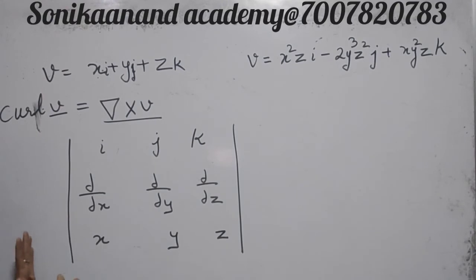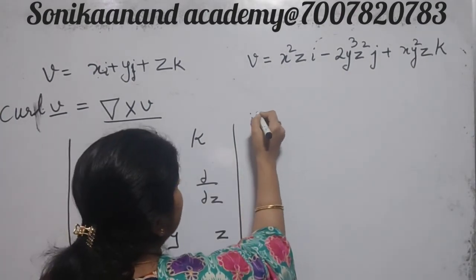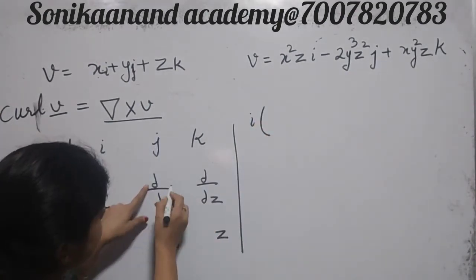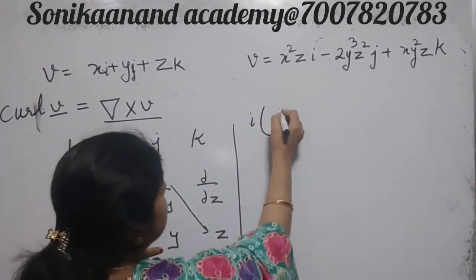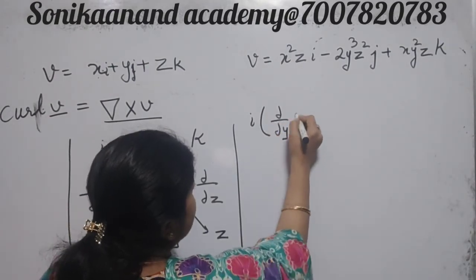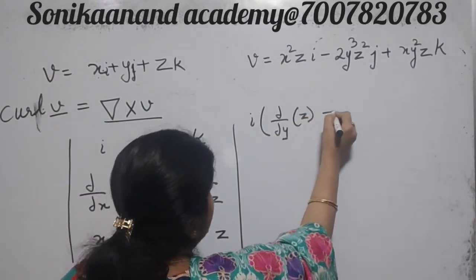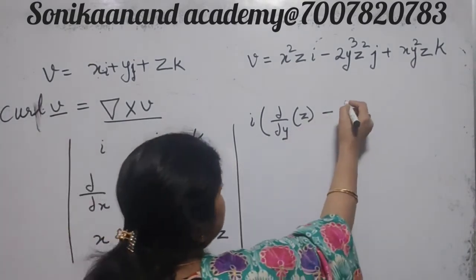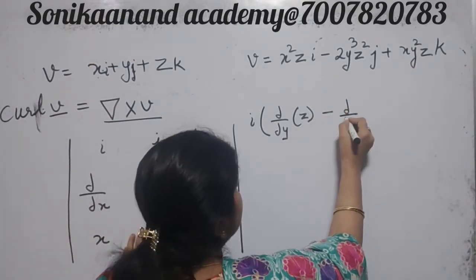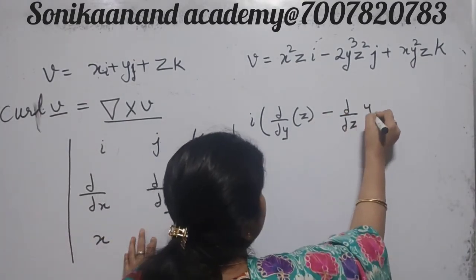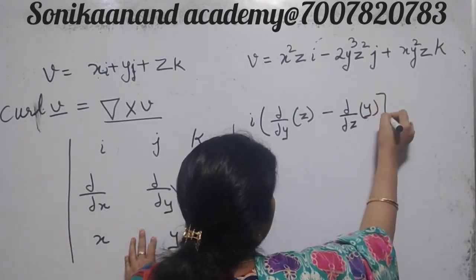Now this is a type of determinant and we have to find it. Okay. So we write over here i, this into this, that is d of dy into z minus this into d of dz into y. This question is actually 0.